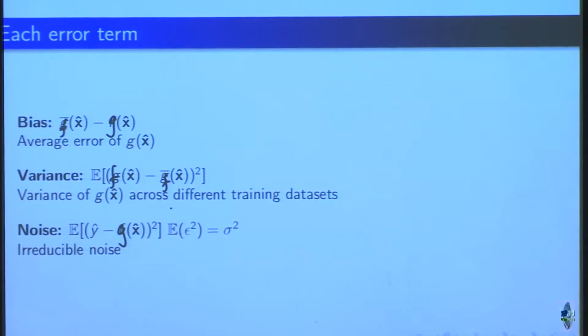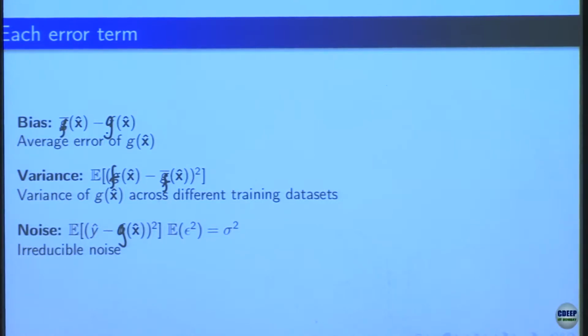Bias is how the average F varies with respect to G. Variance is the variance of F, and noise is the square of the deviation of y from the true underlying function G. It is squared, therefore sigma squared. This is noise that you cannot reduce, called irreducible noise.